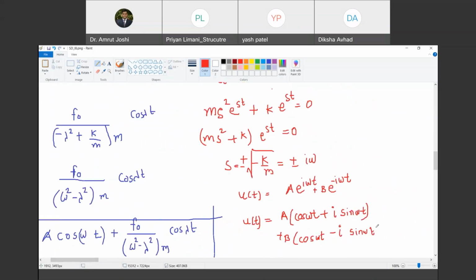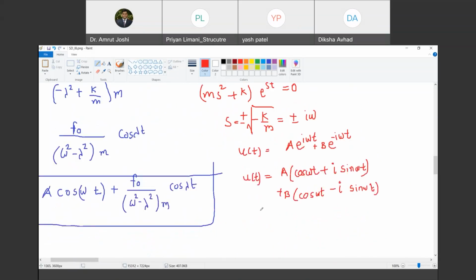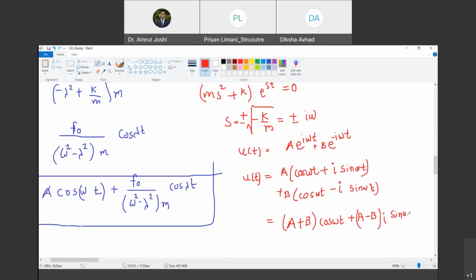Now, can I collect terms in sin omega t and cos omega t together? Yes. So, u of t, or this complementary function, is (a plus b) cos omega t plus (a minus b) times i sin omega t. And we know that the response has to be real.